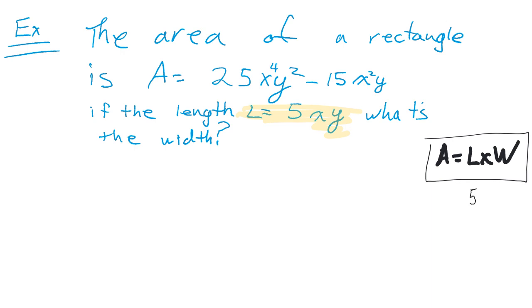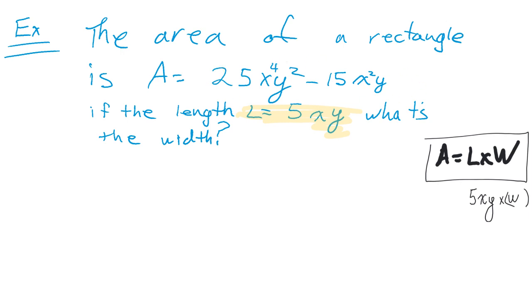So we could change the L to 5xy, right? But we have to times it by W. And W could literally be the bracket based on the GCF and factoring of our original equation here.